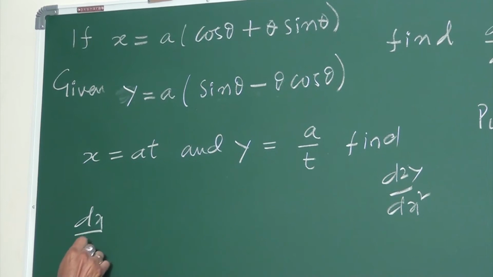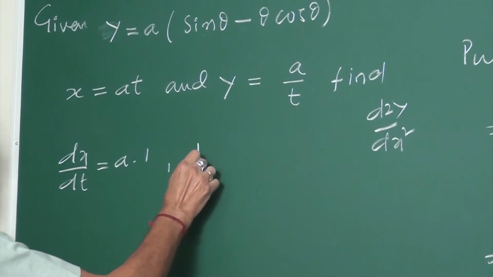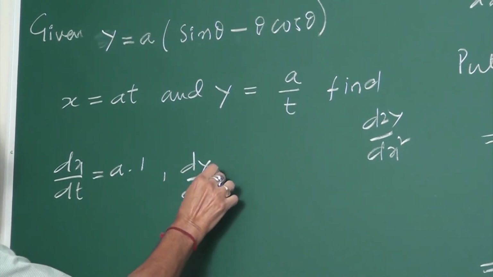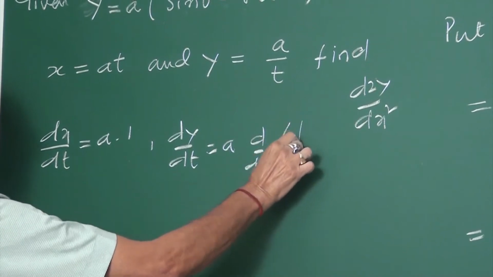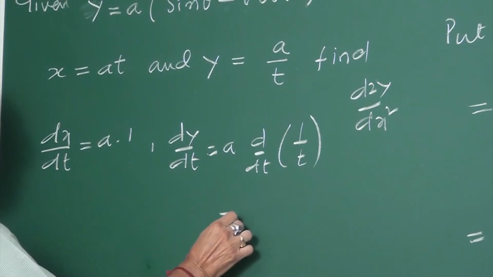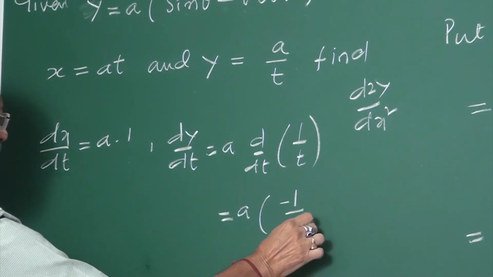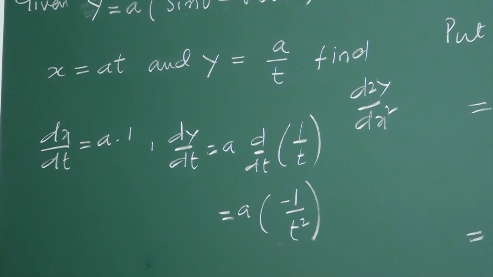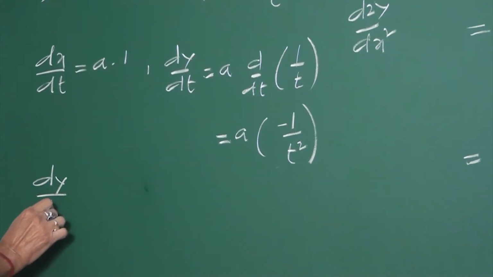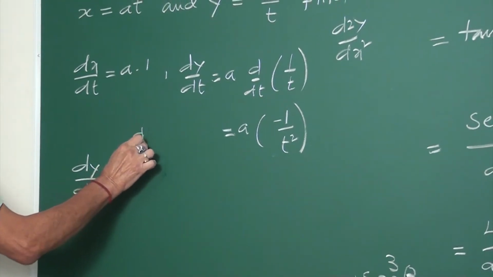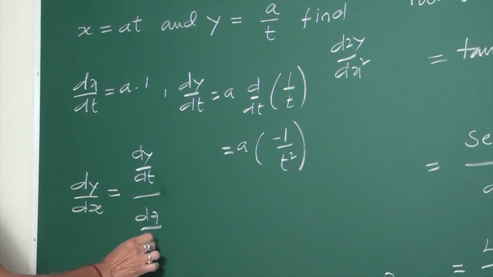dx by dt is a into derivative of t, which is 1. dy by dt, I take support here: it is d by dt of a by t. Yes, friend, a into minus 1 by t square. You know which formula is applied. Then dy by dx equal to dy by dt upon dx by dt.